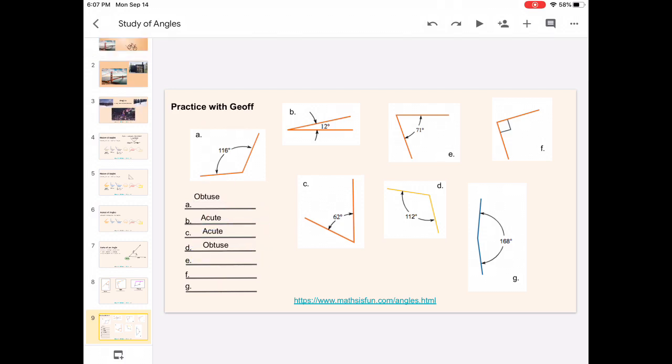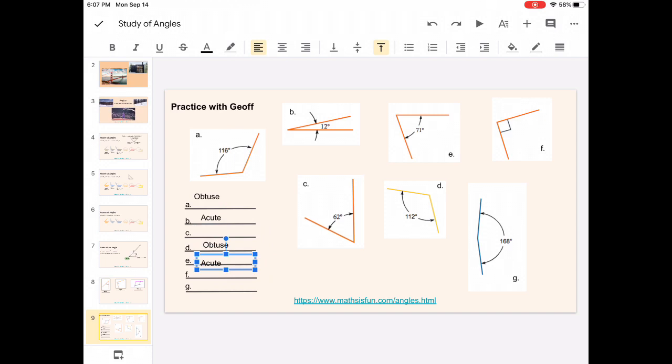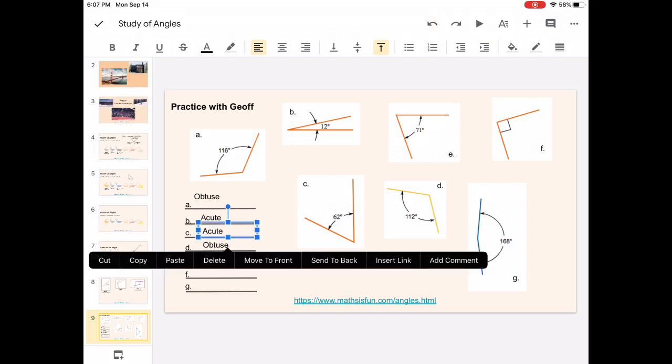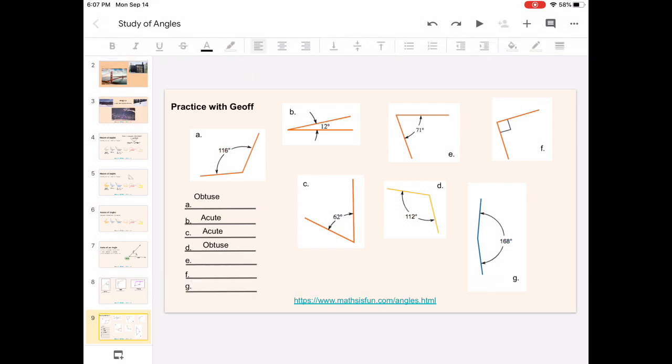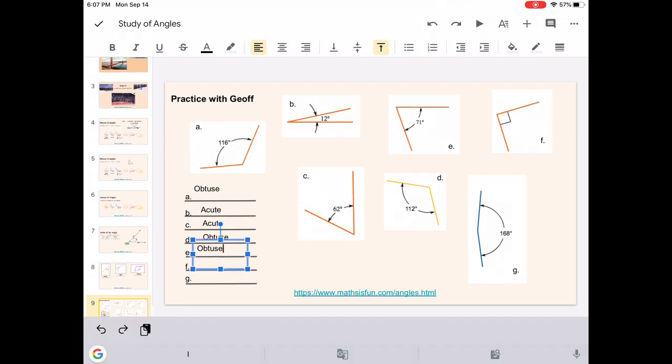All right, and E is 71 degrees. 71 degrees is less than 90, so that is acute. It's very acute.